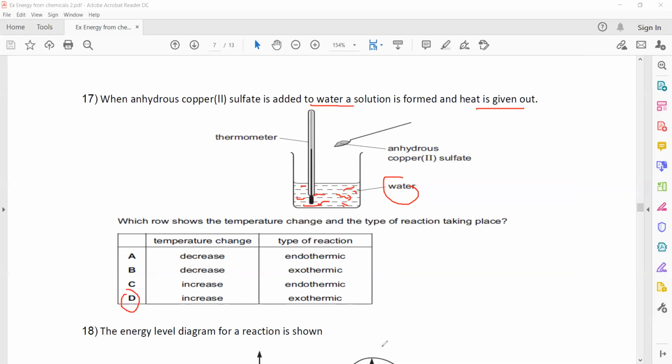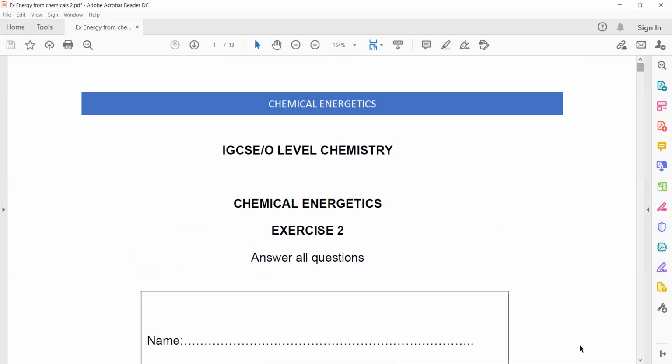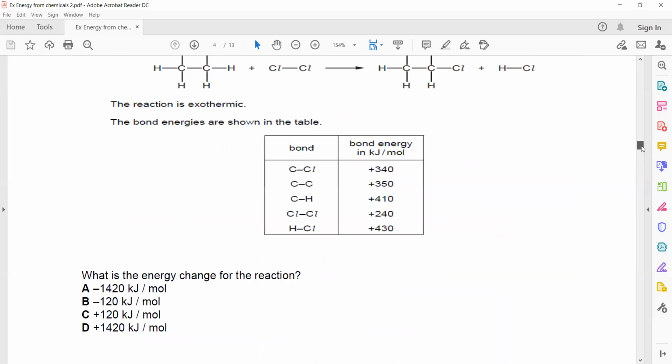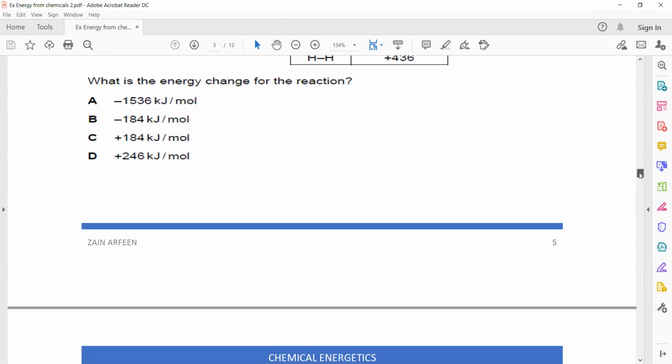Is it clear? Any other doubt in this exercise, chemical energetics, exercise 2? Heat is given out and that heat is absorbed by the water.